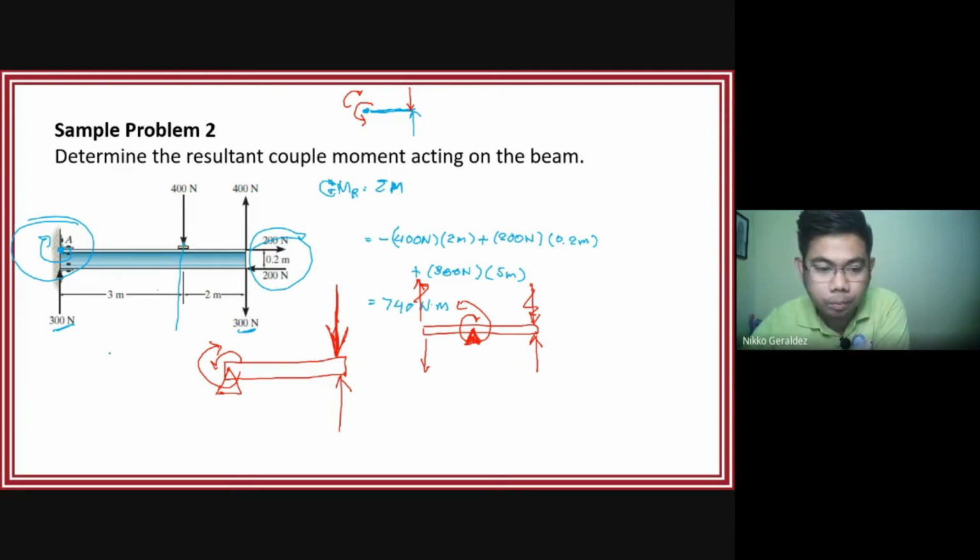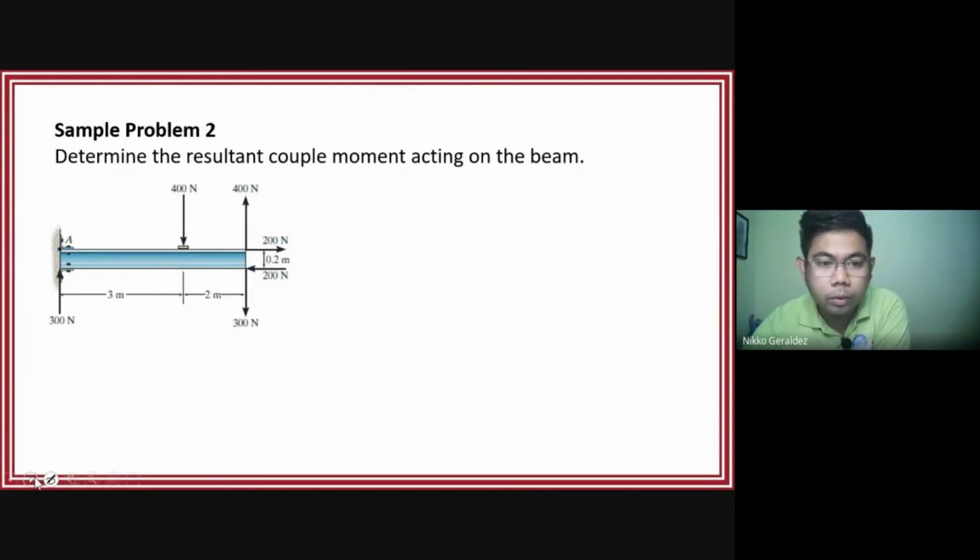Okay. So, kunin natin resultant moment at point A, clockwise positive. Itong 300 Newton, walang moment na magpo-produce, kasi yung line of action ng 300 Newton na to ay mag-intersect sa point A. So, the moment is 0.